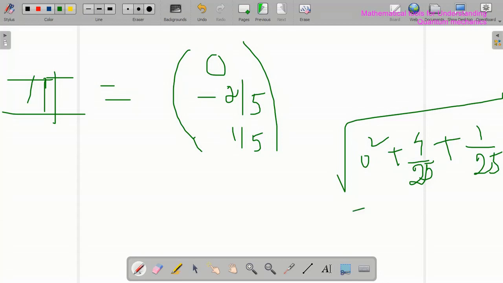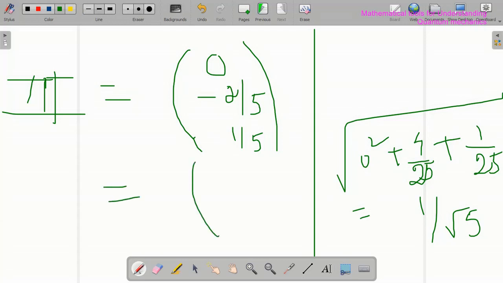So if we multiply this by root 5, it becomes 0, minus 2 by root 5, 1 by root 5. This is the third vector.